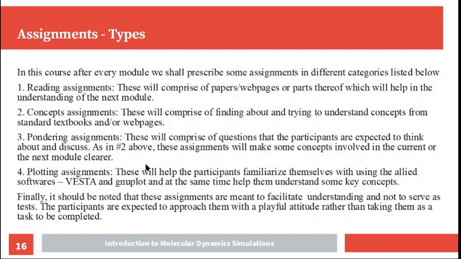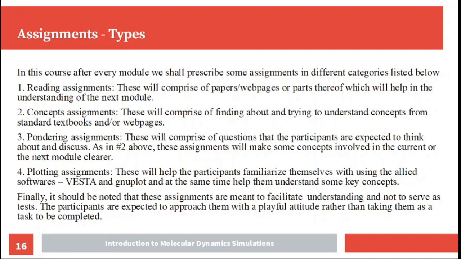And finally, we'll have plotting assignments. These will help the participants familiarize themselves with using the allied softwares, Vesta and GNU Plot, and at the same time help them understand some key concepts.